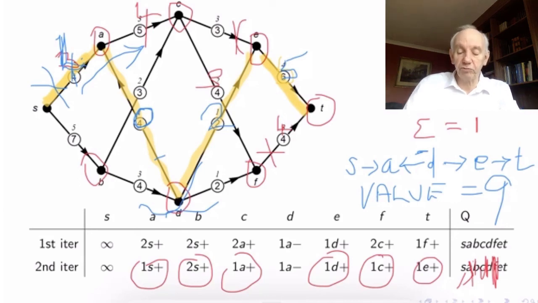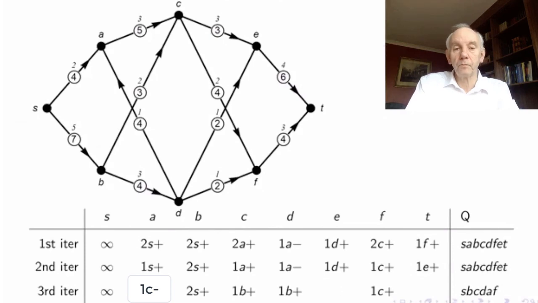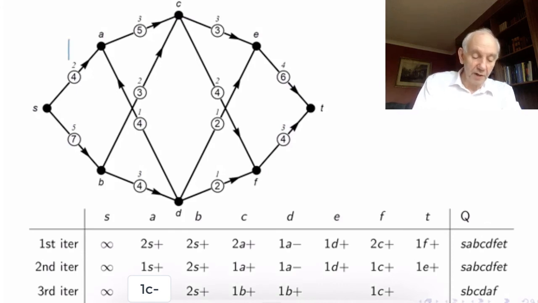Now what happens if we try and go on? Do I remember these numbers? I'm not sure. Let's see if I can label with the new flow numbers. We had 4 here because this is now at capacity.